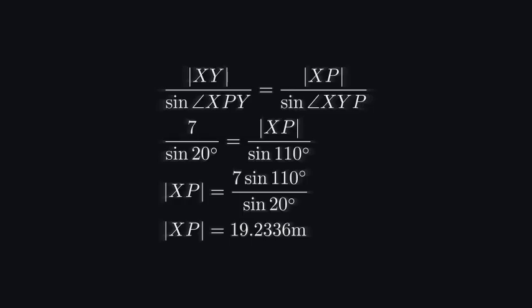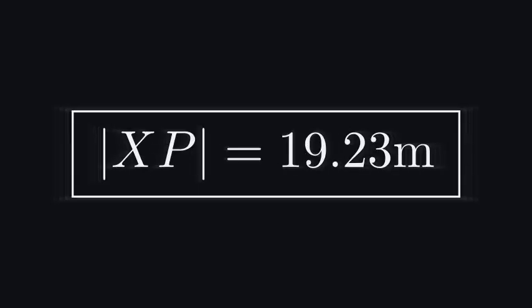Length of XP equals 19.2336 meters. Continue the aligned calculation. The next steps are shown one line at a time. So the length of XP is 19.23 meters.